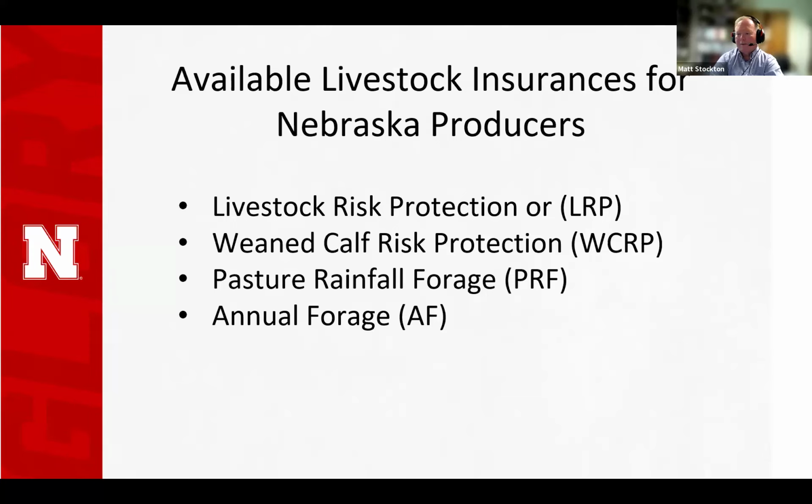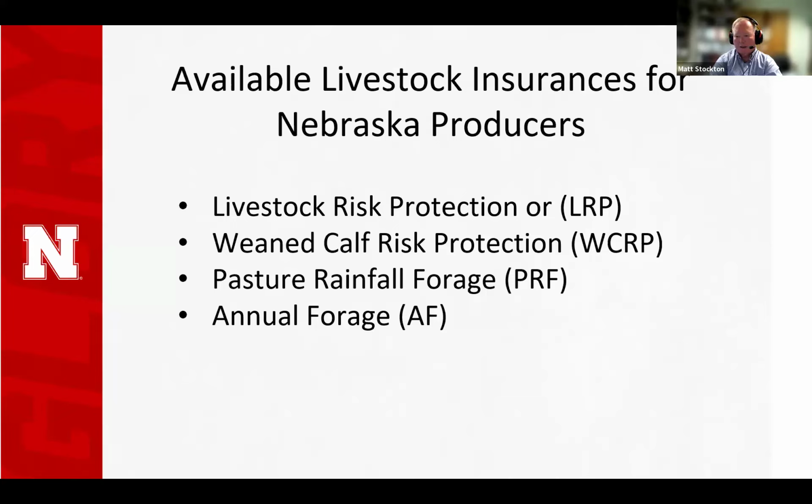It's called Wean Calf Risk Protection, WCRP. And then there's pasture rainfall forage, which is PRF. You have each one of these for different reasons, because they cover different things. And then you have the annual forage policy.